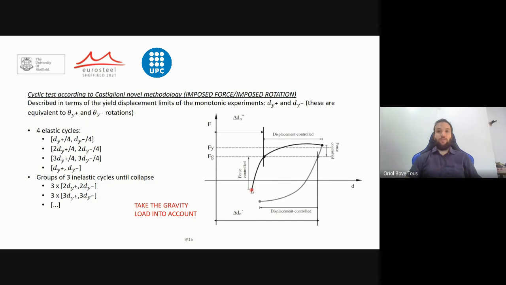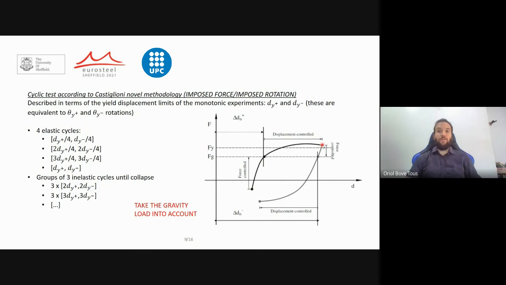We can imagine here that we are at the start of one of these inelastic tests. We start by imposing a force due to the gravitational load until achieving this force. Then we apply, by a displacement-controlled branch, a positive value of displacement due to the seism.